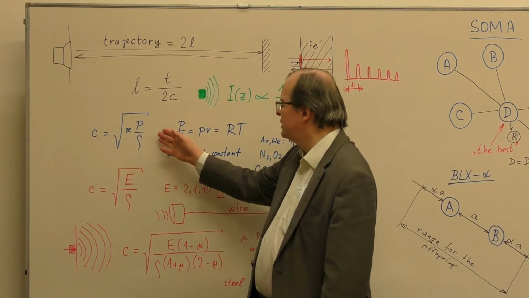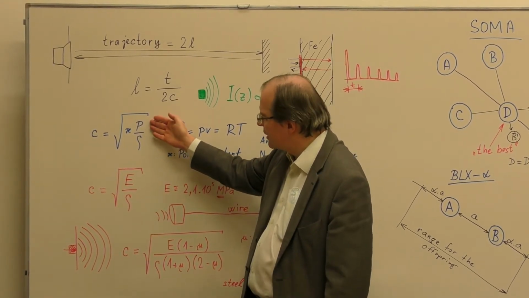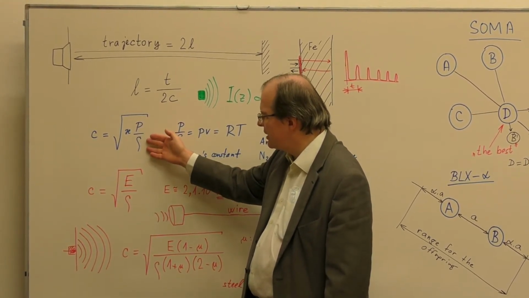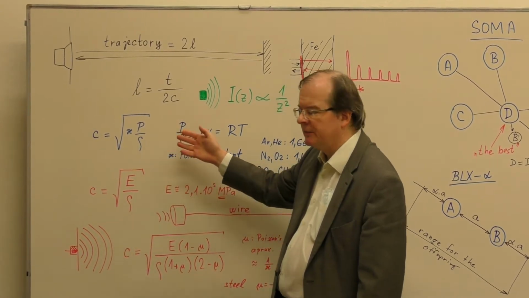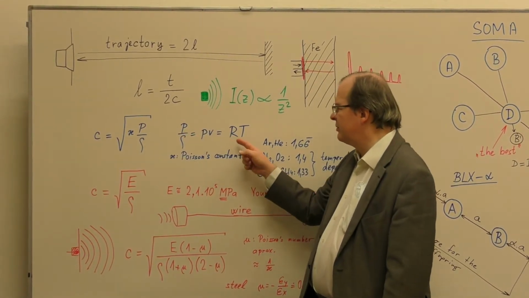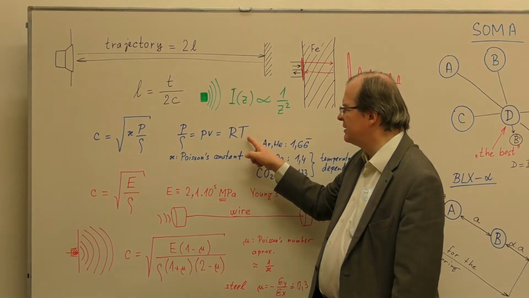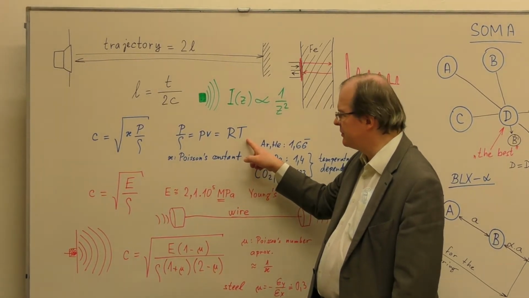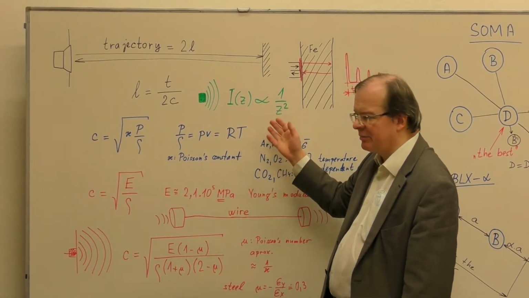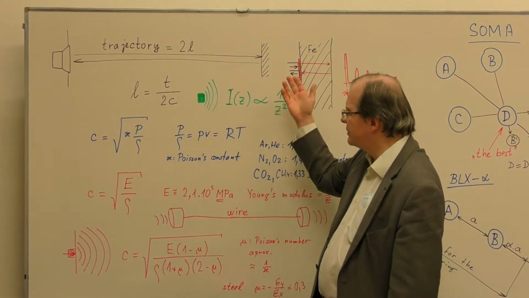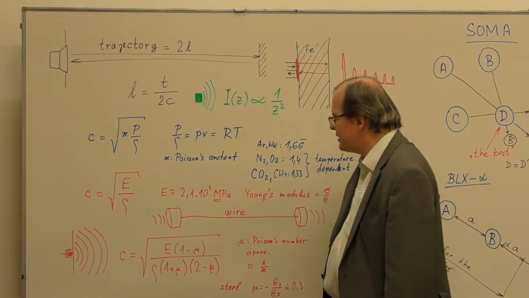So the ratio between pressure and density for air is dependent only on the type of the gas and thermodynamic temperature. So higher temperature, higher speed of sound. The same equation works for steel.